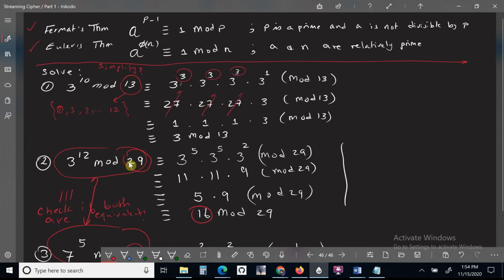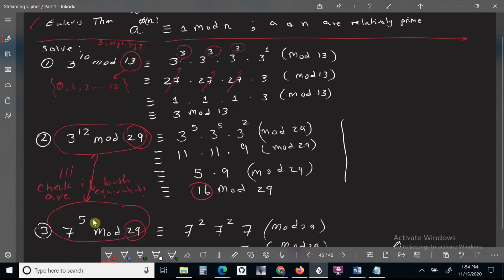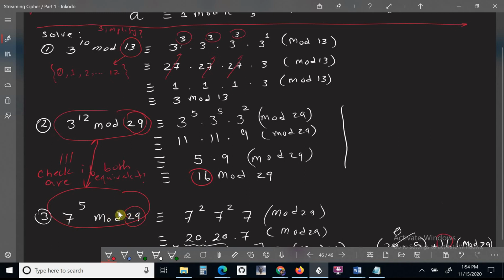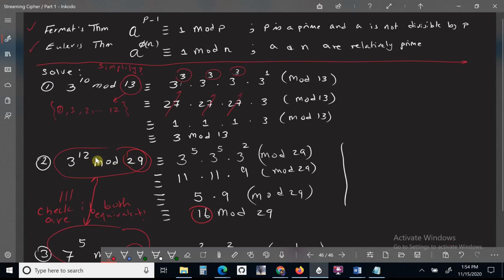This is 29, and this is 12, but of course 3 is not divisible by p, so yes, it's valid here. The same thing, 7 is not divisible by 29, and 29 is a prime actually. But using Fermat or Euler's theorem will complicate things, so let's do a simplification of exponents.